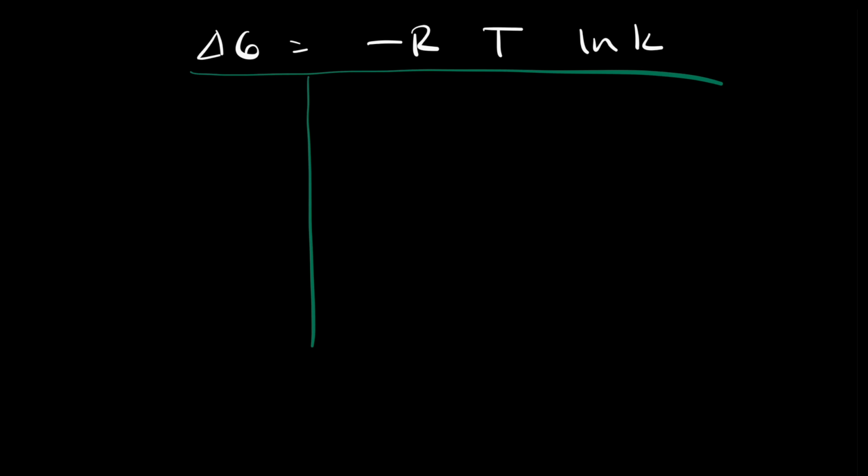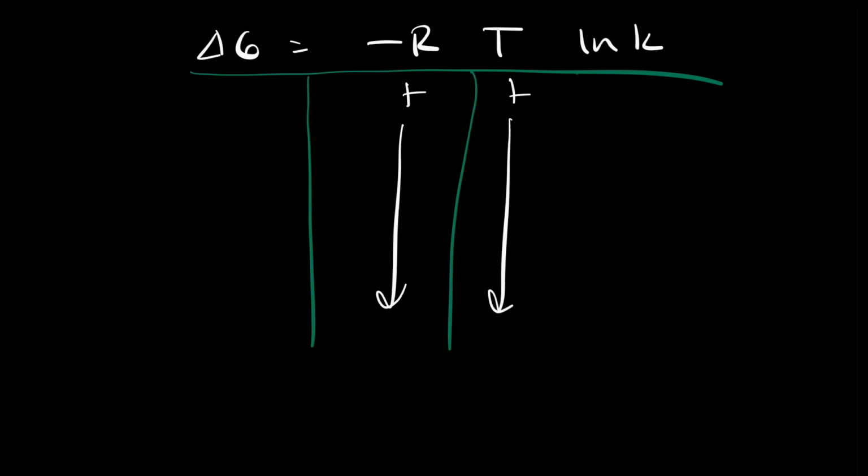T is always temperature in Kelvin. It can never be negative. So essentially, here we have a positive and a positive value. So as long as that K value is greater than 1, delta G will be negative.